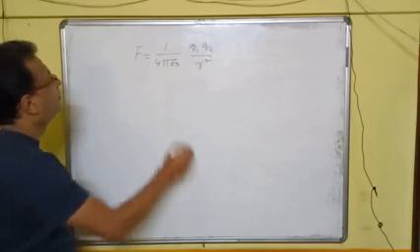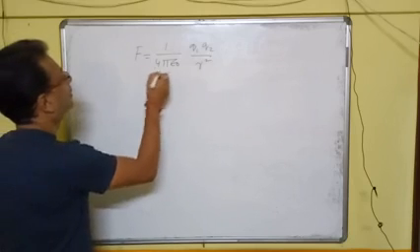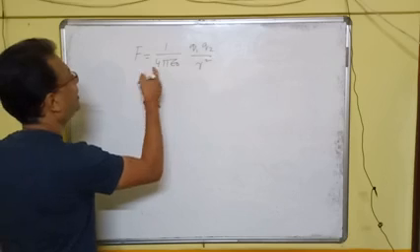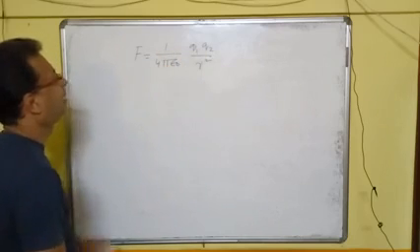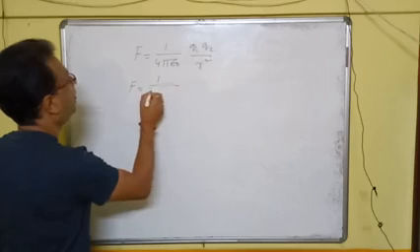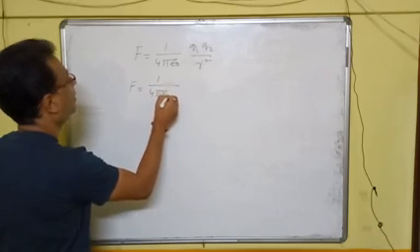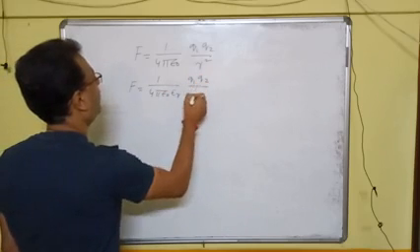Now for vacuum, F is 1 by 4 pi epsilon naught Q1 Q2 divided by R square, and for any other medium we can write it as 1 by 4 pi epsilon naught into epsilon r, Q1 Q2 divided by R square.